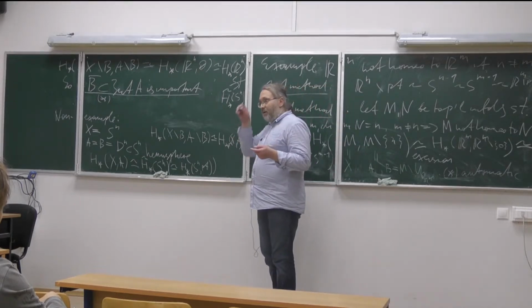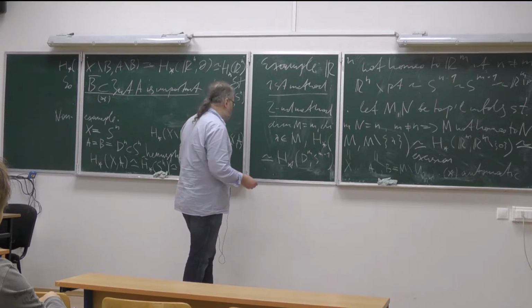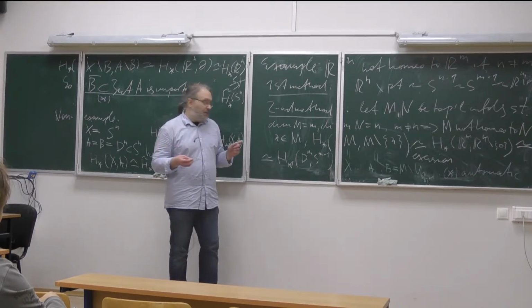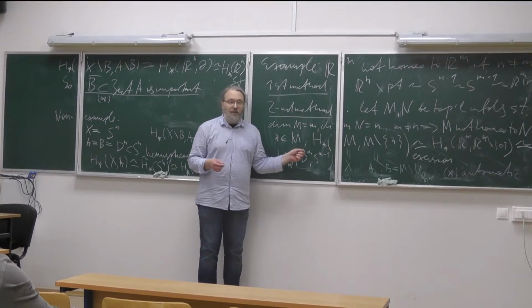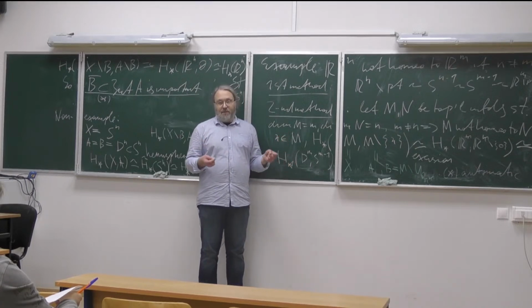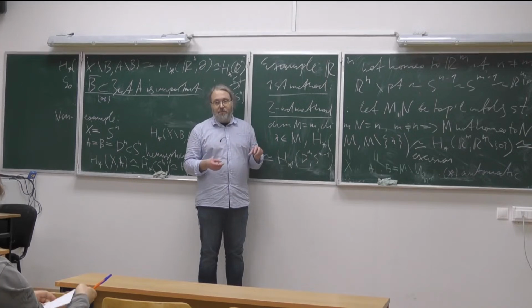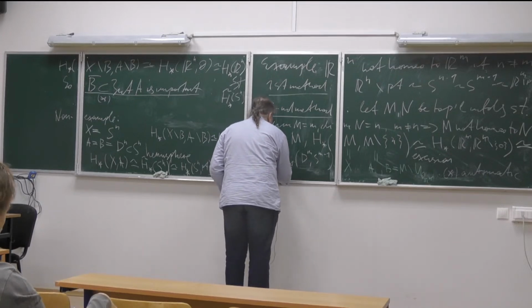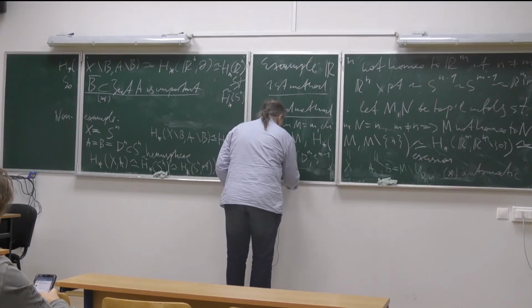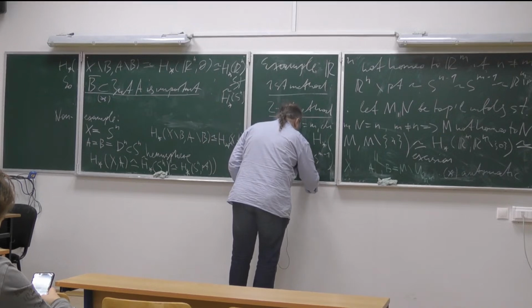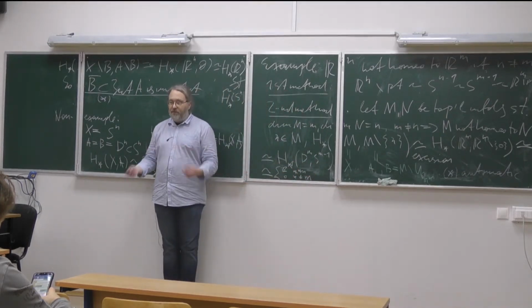And by using what we already know, even if we don't know that the relative homology is the same as the reduced homology of the quotient space, we still can prove that this thing is isomorphic to Z in degree m and to 0 in degree different from m.